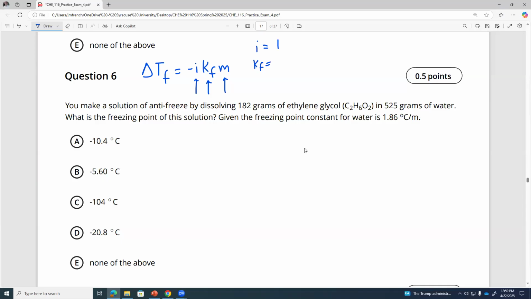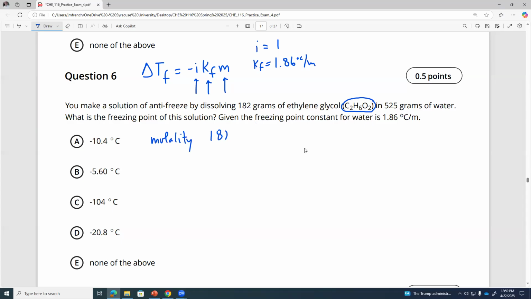Yeah, 1, right? It's a molecular compound. It's non-metal, non-metal, non-metal. It goes into solution, but it goes into solution as one thing. Right, degrees Celsius per mole. And then to find molality, right? Molality is moles per kilogram of solvent.